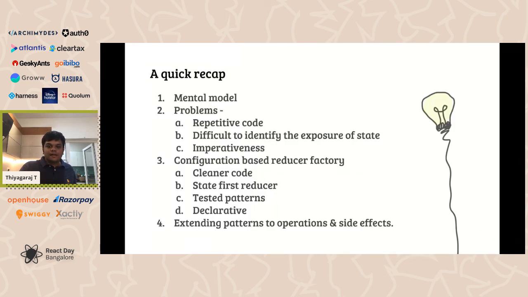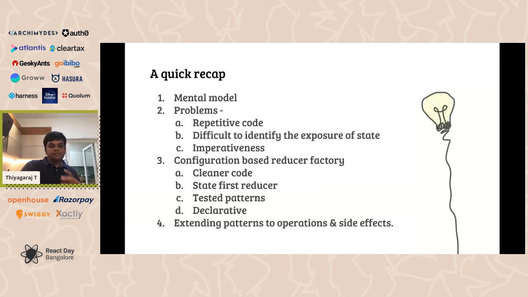So, a quick recap. First, we visited the mental model we have around useReducer. We tried to identify the problems. The big problem was that you cannot identify the exposure of state. It's very imperative, so obviously the code will grow. The solution we proposed is a reducer factory that allows a state-first reducer, and you can test these patterns in isolation.